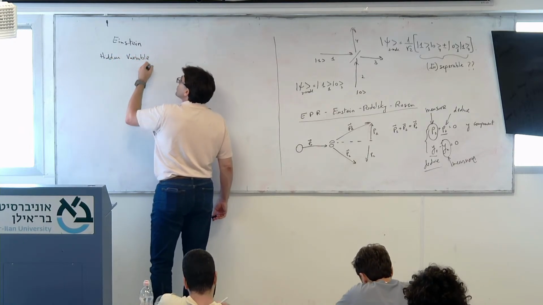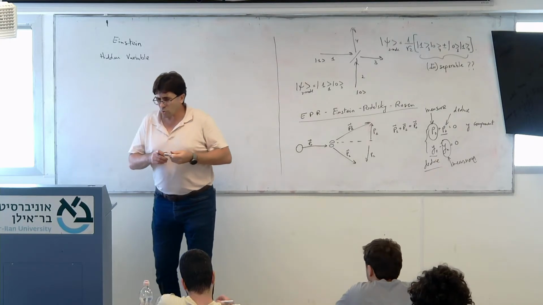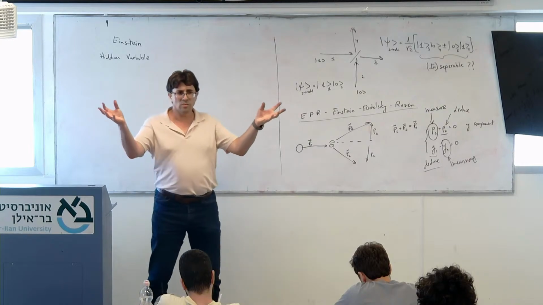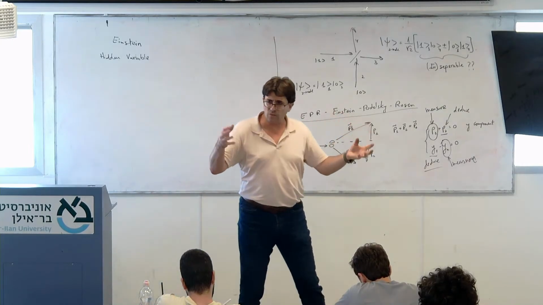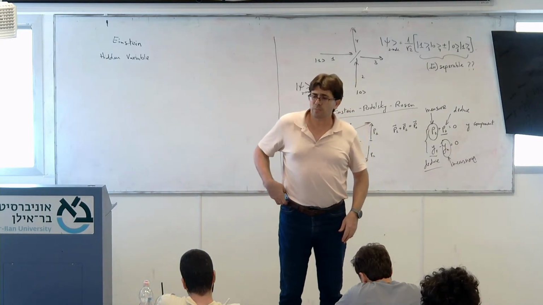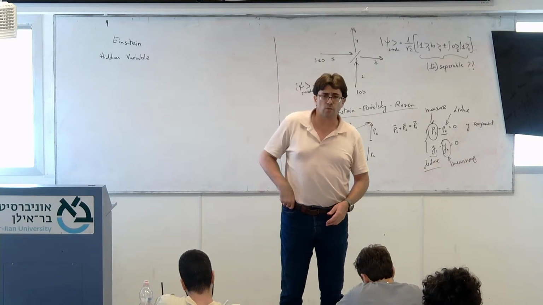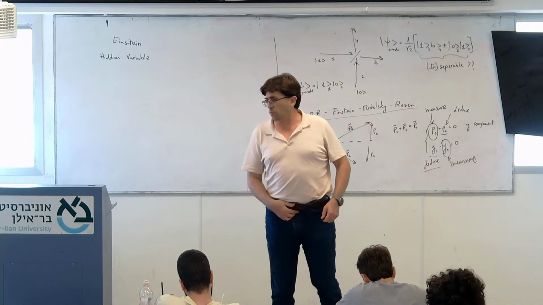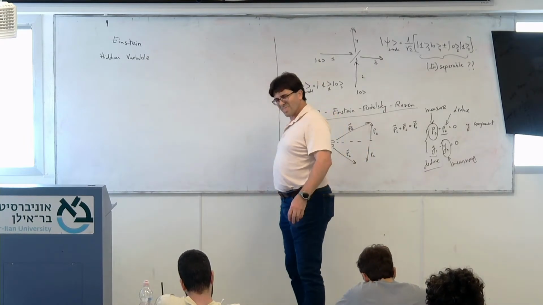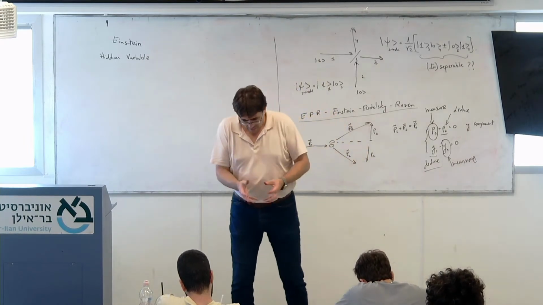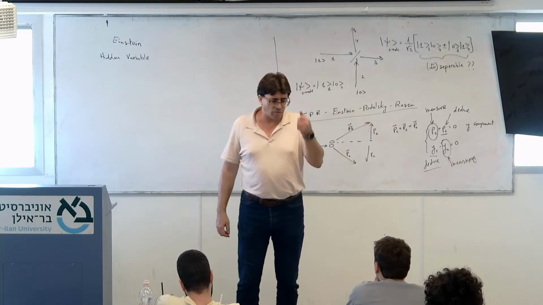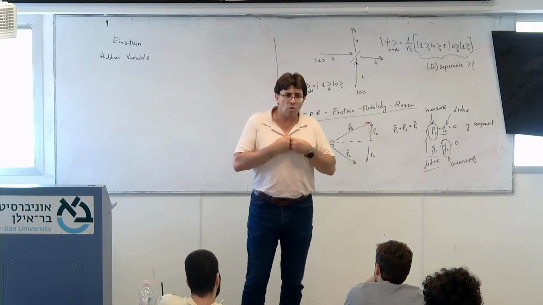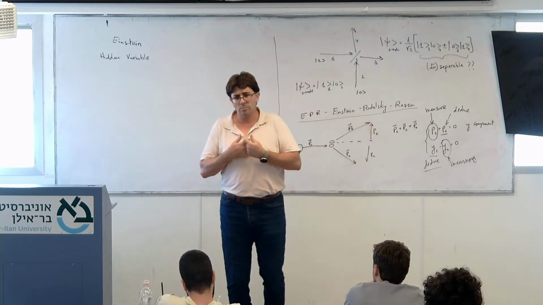What is that hidden variable? When those two particles split, they made a decision. They made an agreement between them. I mean, they figured out, I don't know, they flipped a coin, they did something, and now each one of them knows its own position and momentum.